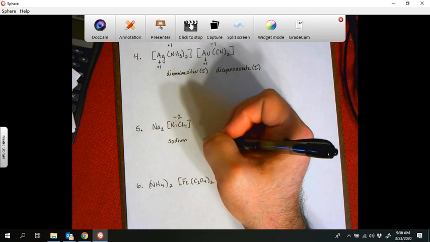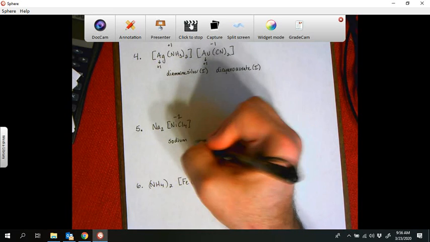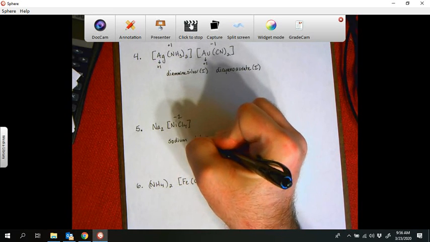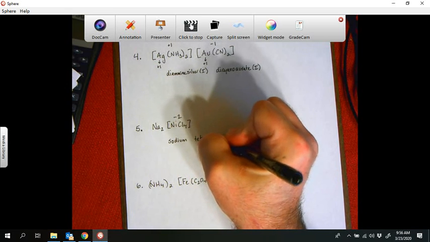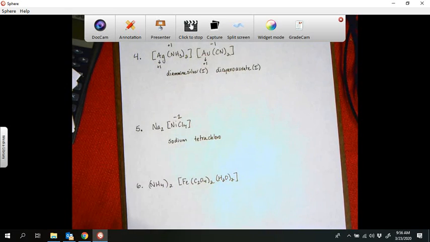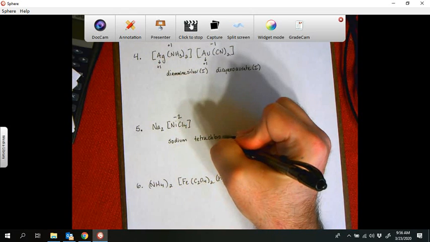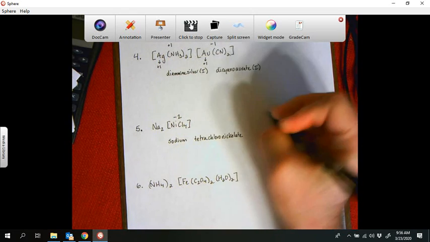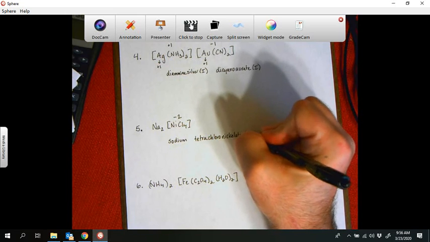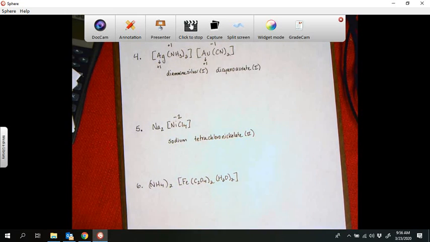On this one, we would have to use the prefix tetra. So tetrachloro. And then Ni is in an anion, so we have to use its -ate form, nickelate. And the charge we said was 2, so we put a Roman numeral 2 after it. So sodium tetrachloronickelate(II).